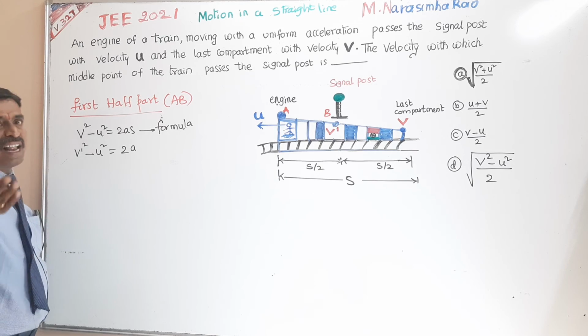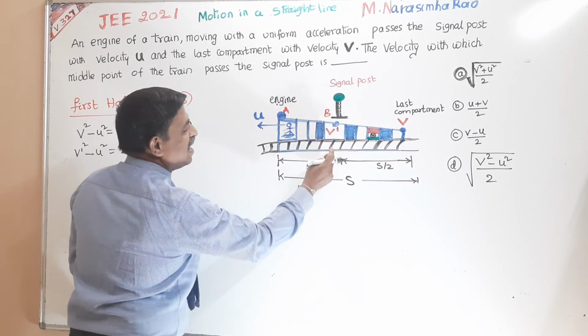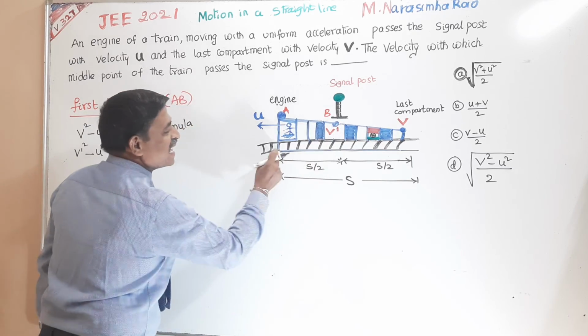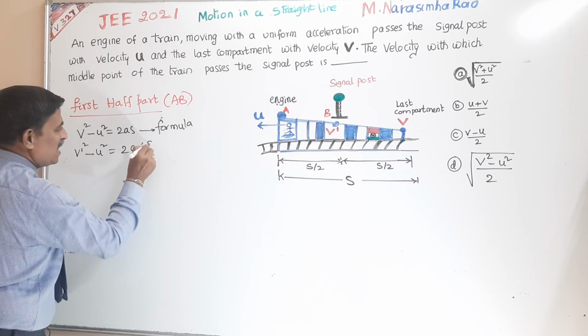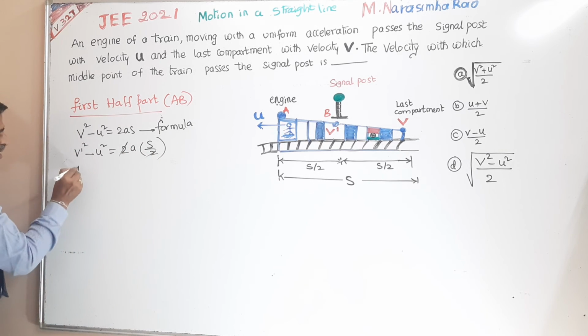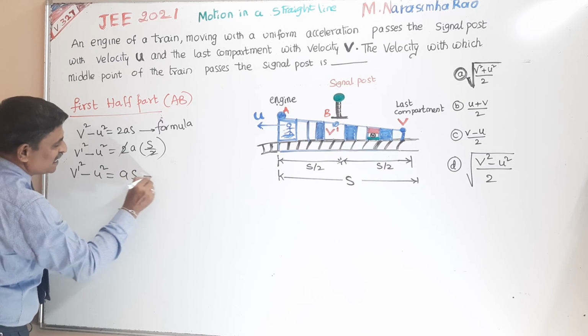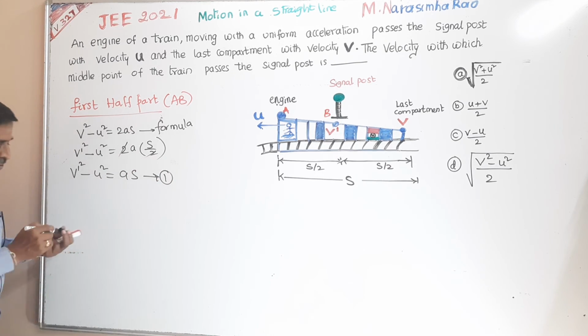Uniform acceleration, so acceleration is constant. The distance traveled is S by 2, so the 2 gets cancelled. V dash square minus u square is equal to as. This is equation number 1.